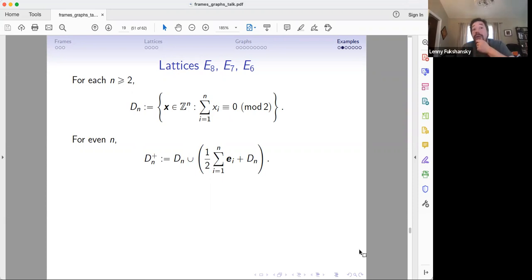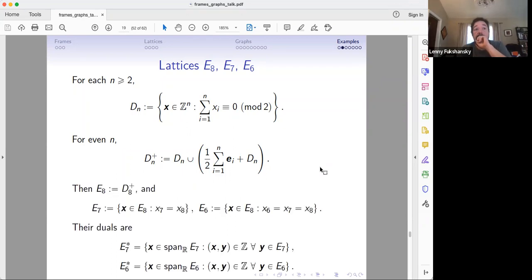Okay, so for even n, one can define a set Dn plus, which is Dn union a translated copy of Dn, where I'm translating by the all-halves vector. Actually, this turns out to be a lattice also. Now, here's what happens. You start with even n, say n equal to 2.